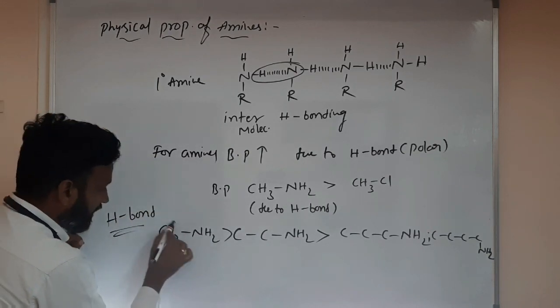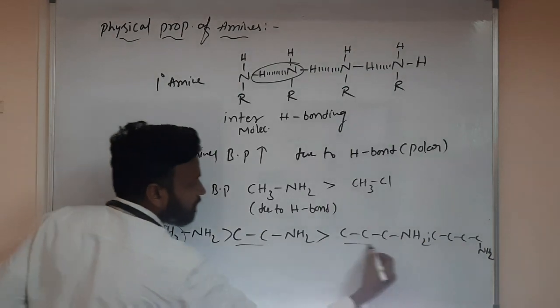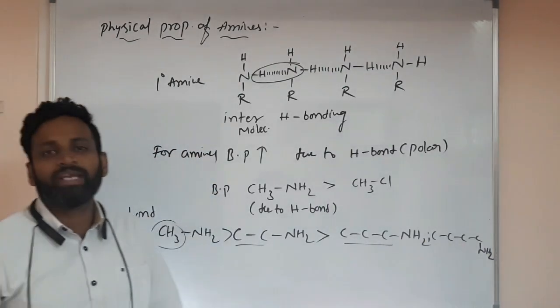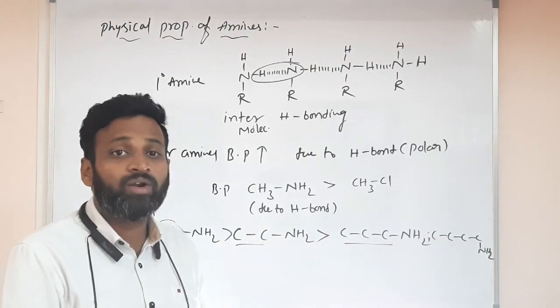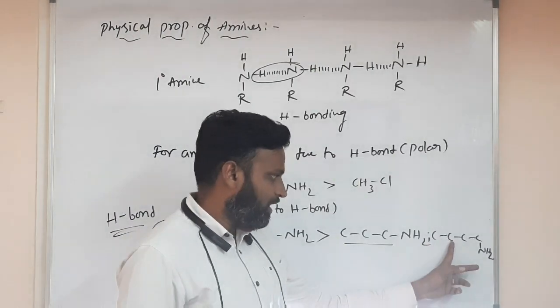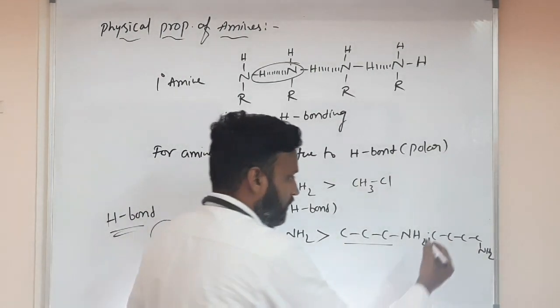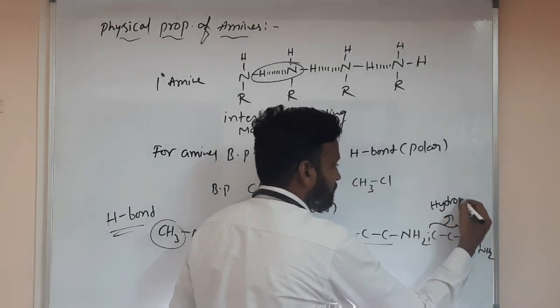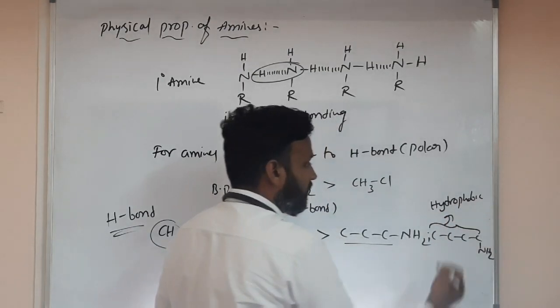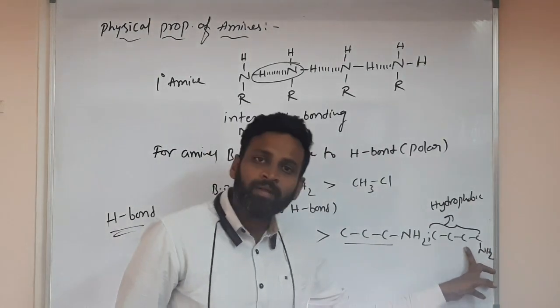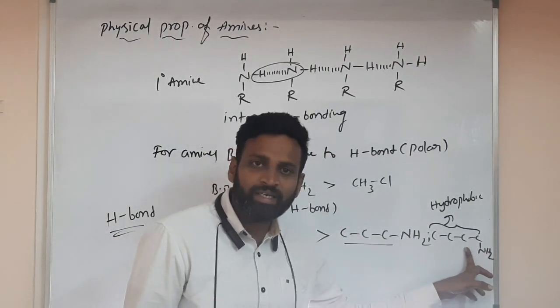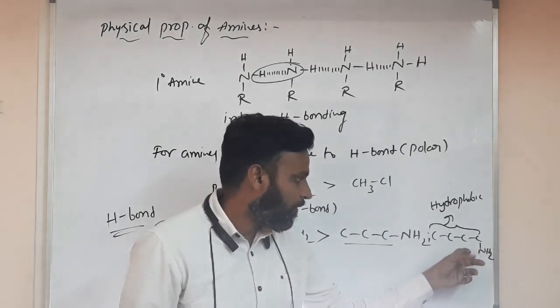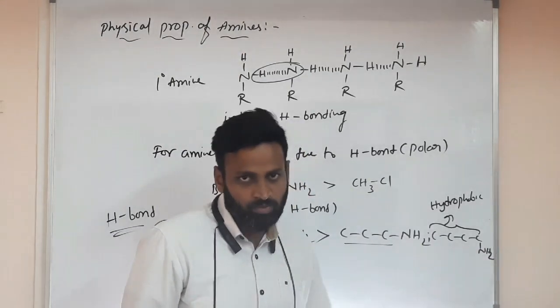The reason is that the carbon chain is hydrophobic, so with more carbons, hydrogen bond strength is less, but molecular weight is still more. That's why the boiling point is higher.